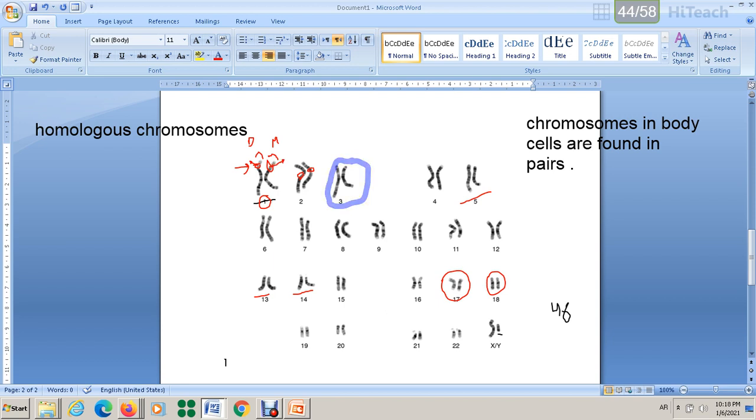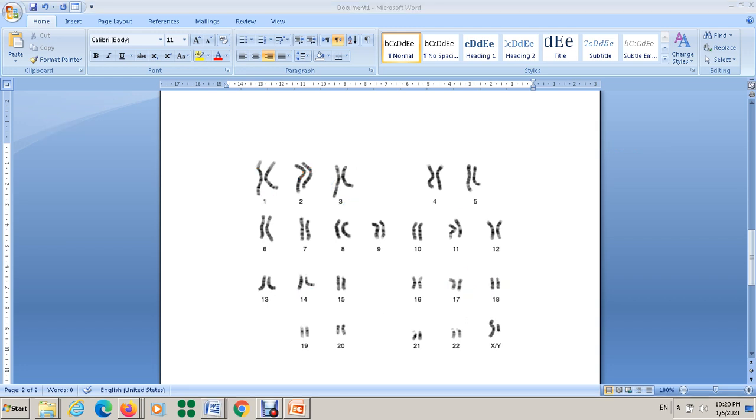Okay, these are the variations, because you're talking about one chromosome from your mom and the other from your dad.